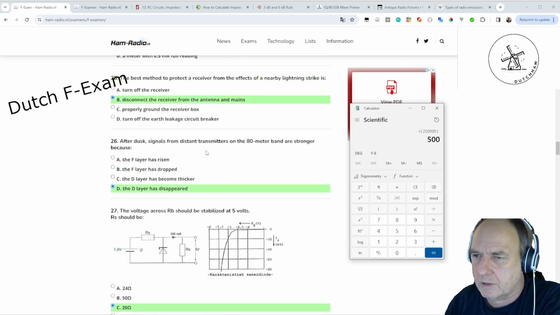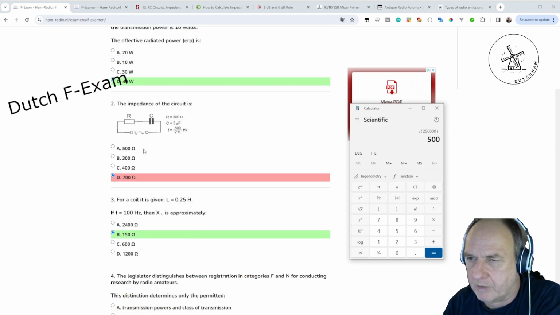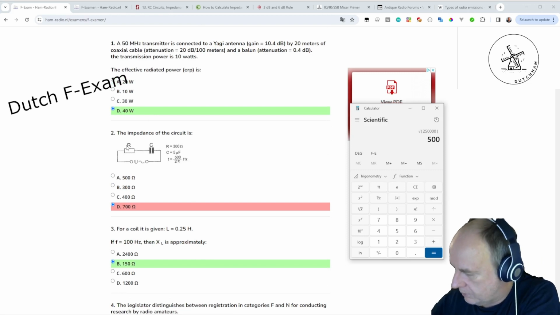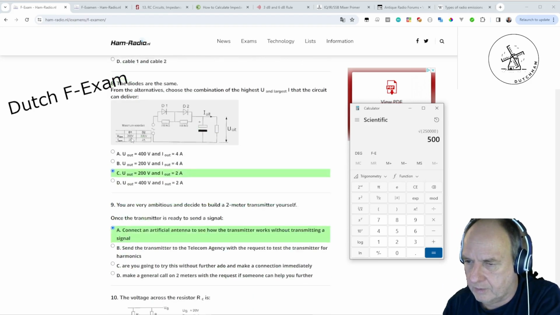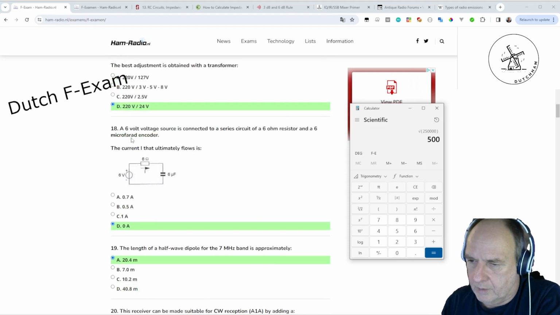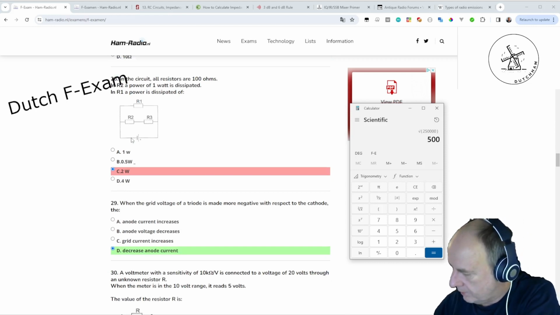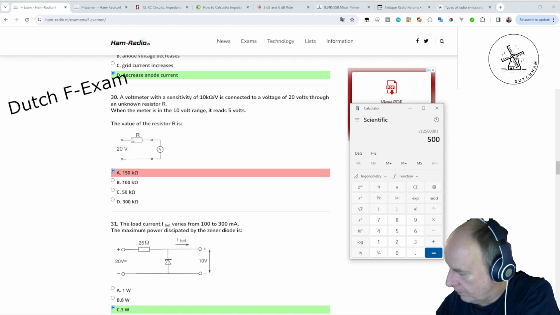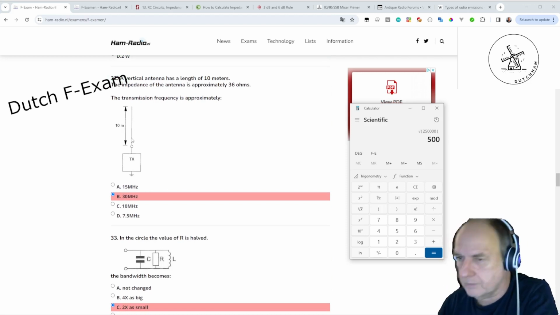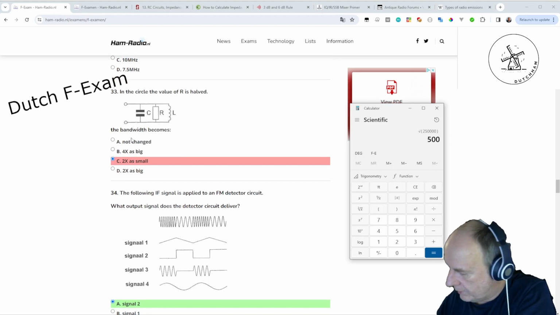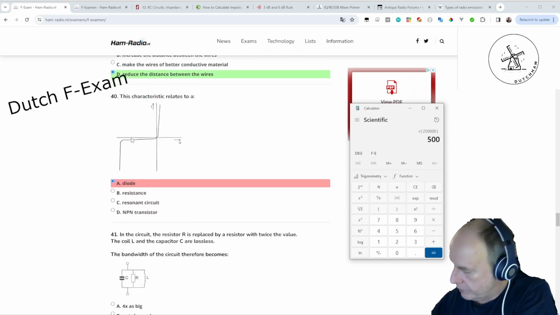Let me write down the numbers. For the first one we already know that is the 500 ohms. So it was 2, 5, 28, 30, 32, 33, 40.